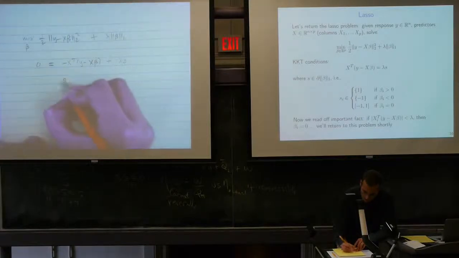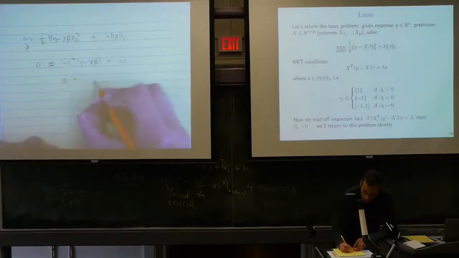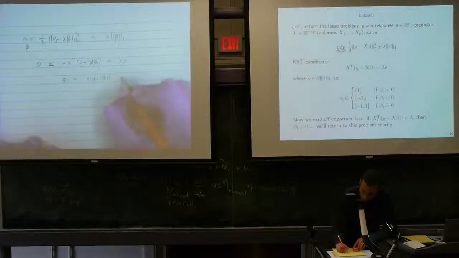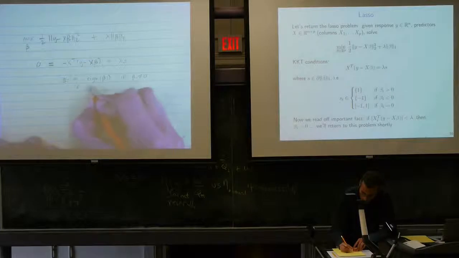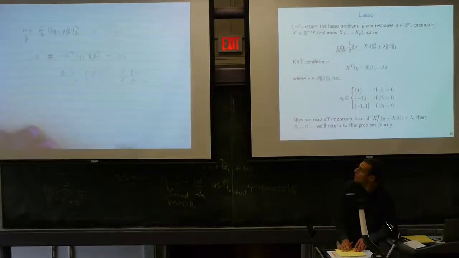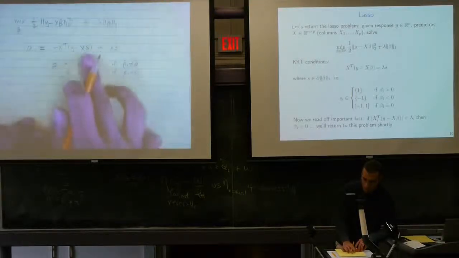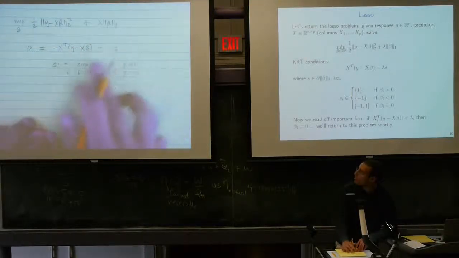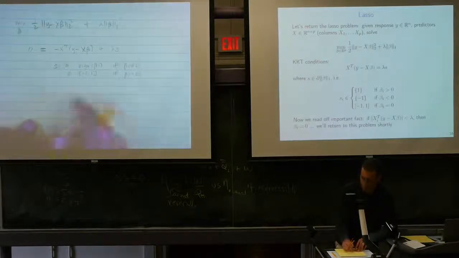Where S has the property that it's equal to the sign of beta i if beta i is not equal to 0. And otherwise, it's just between minus 1 and 1. So a vector beta is optimal for this problem if it satisfies this for some subgradient S of the L1 norm evaluated at beta.